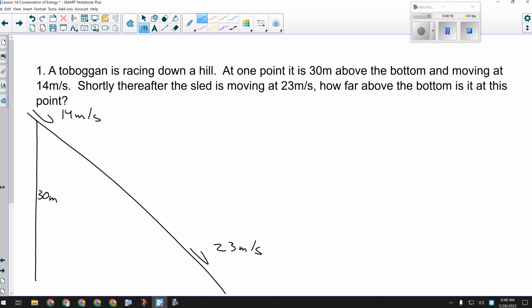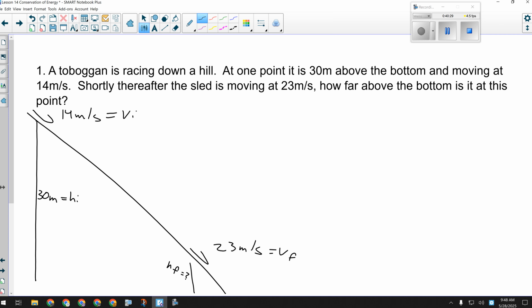How far above the bottom is it? I would say that's probably the final height. So that would mean that 14 meters per second is the initial speed, 30 meters is the initial height, and 23 meters per second is the final speed.